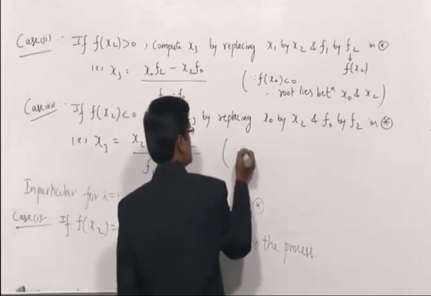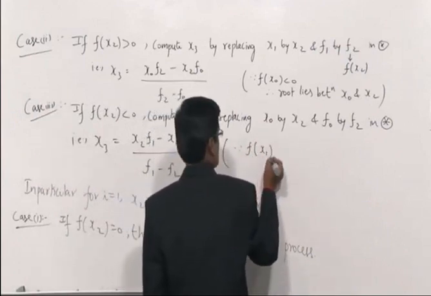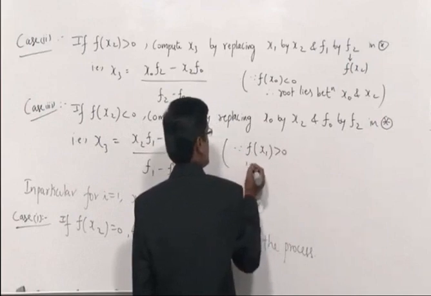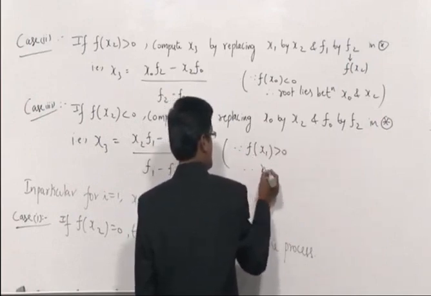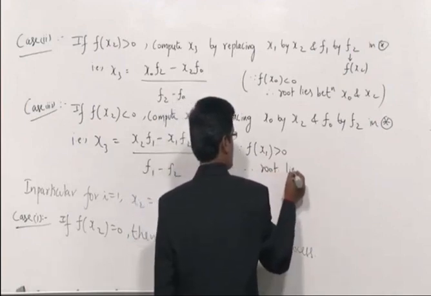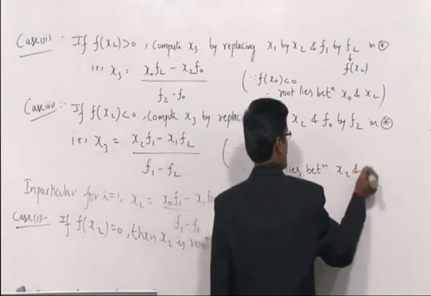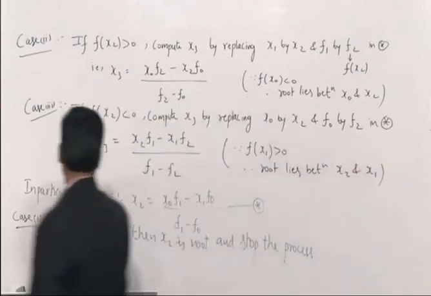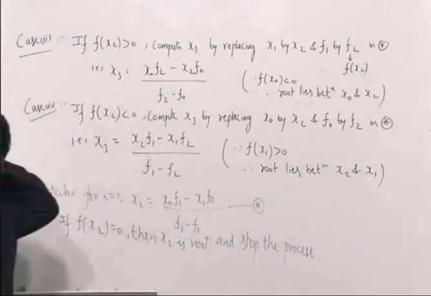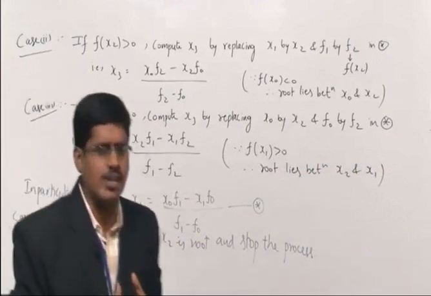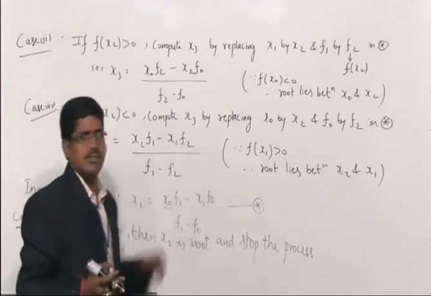In this, since f(x1) is greater than 0, therefore the root lies between x2 and x1. All these steps depend on star only. Whenever you get two latest function values of opposite signs, then go to your star and replace those values.